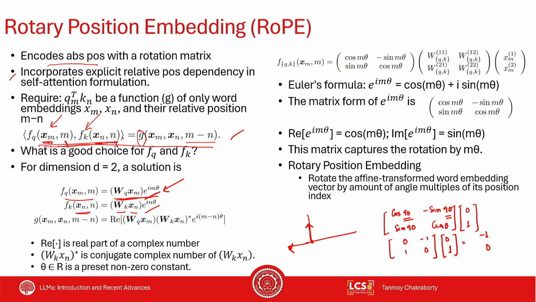Now, when we take the dot product between two complex numbers in polar coordinates, what will happen? Let's say zi and zj. How do you represent this in polar coordinates? zi is ri e to the power i theta i, and zj is rj e to the power i theta j.